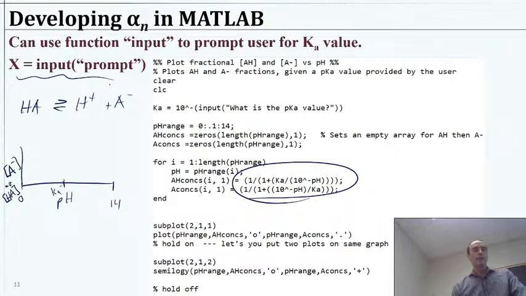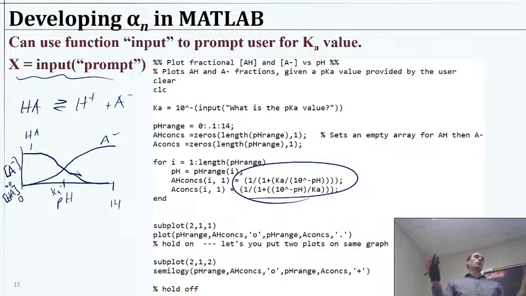That means we should have a lot of HA over here, and then it'll start to decrease as we get over towards a more basic condition. So this one should be HA, and conversely, we should have more A minus on the other side.